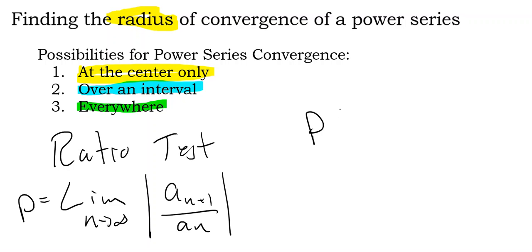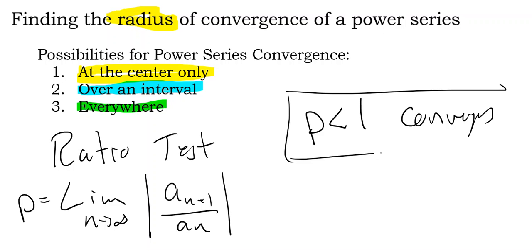And if p is less than 1, it converges. That's what we're going to be looking at. We don't need to look at anything else. We want to know where p is less than 1. So we're going to take this limit and set it less than 1, and solve it to determine where it will converge.